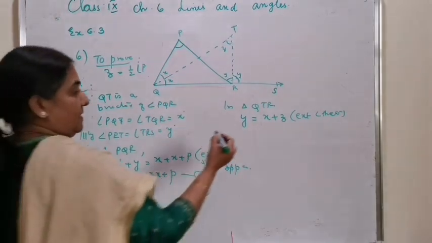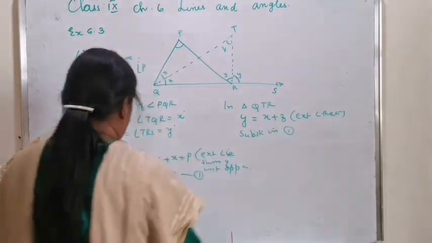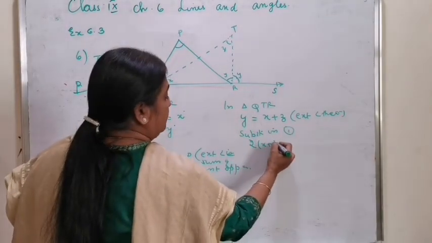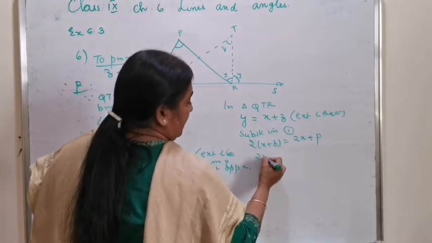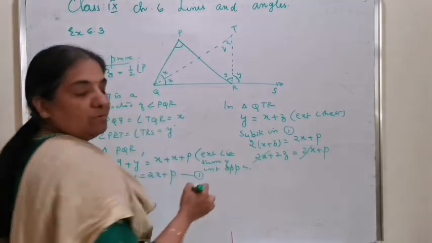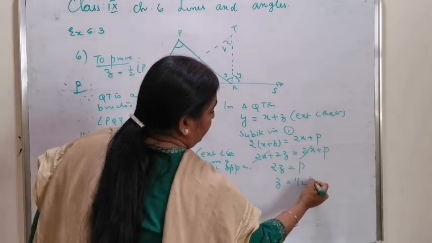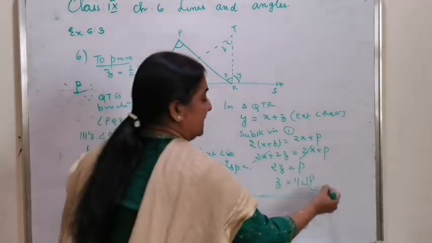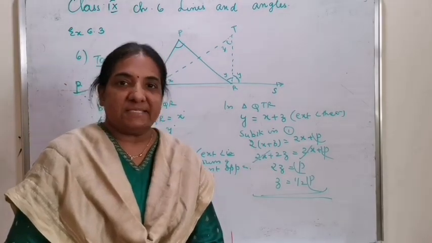Substituting in 1, instead of Y, you get 2 into X plus Z is equal to 2X plus P. 2X plus 2Z is equal to 2X plus P, or 2Z is equal to P, or Z is equal to half of P. That is what we have to prove, half angle P. Only the exterior angle theorem property is applied here.